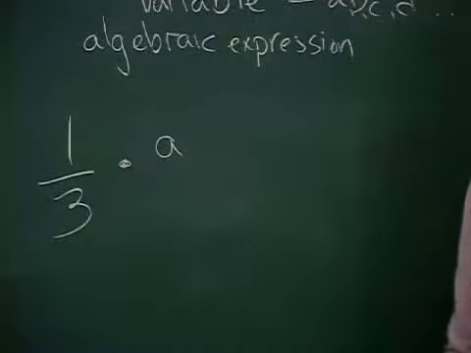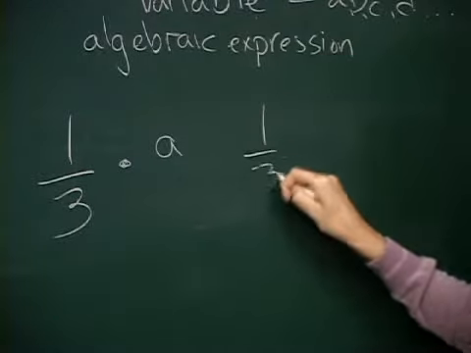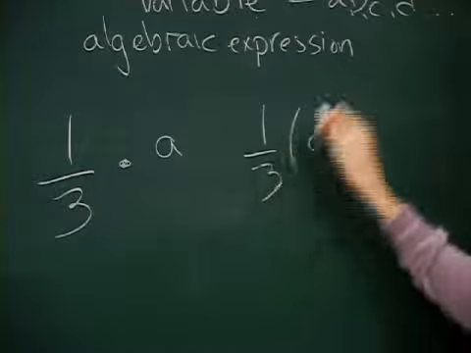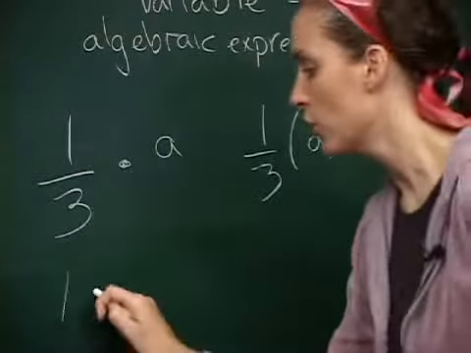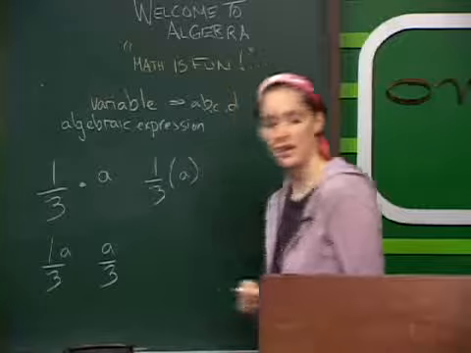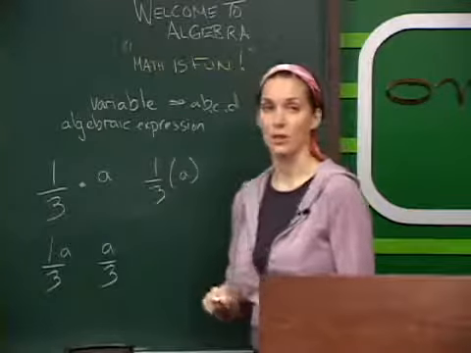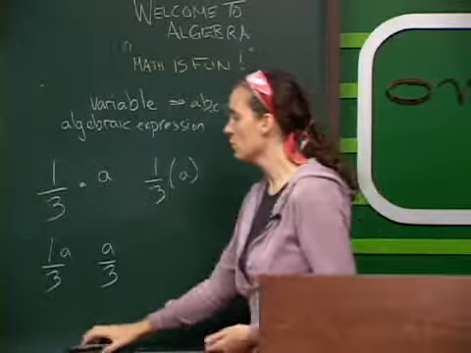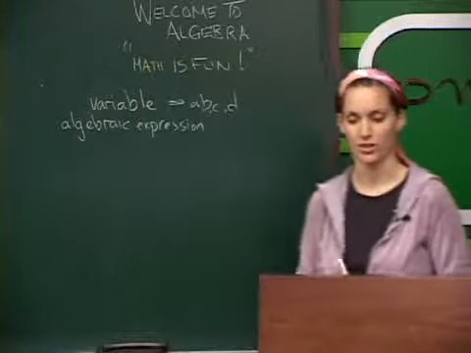So 1/3 of A. There are a couple other ways to write the same thing. Remember, you can replace the multiplication symbol with brackets. You could also write 1A over 3, or simply A divided by 3. These are all the same thing. So those are some examples of turning verbal expressions into algebraic expressions.